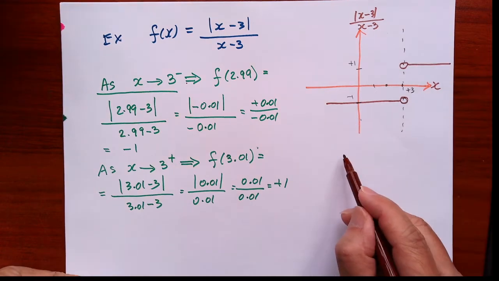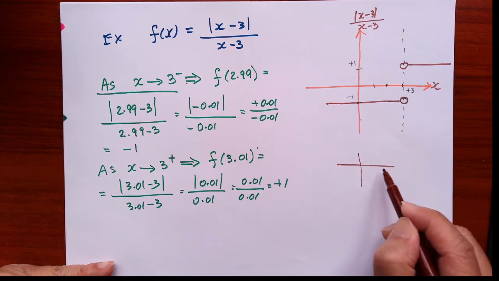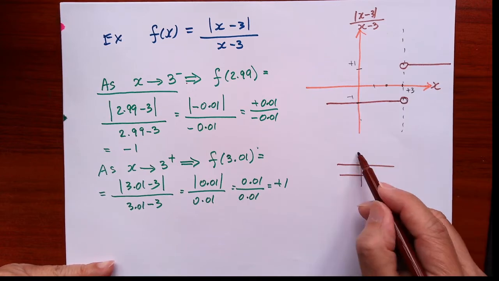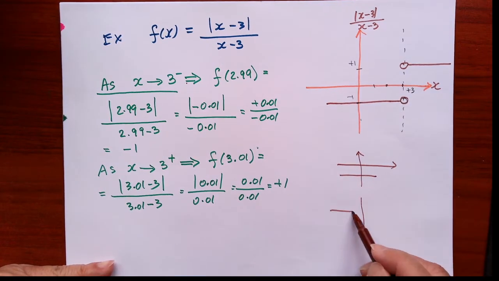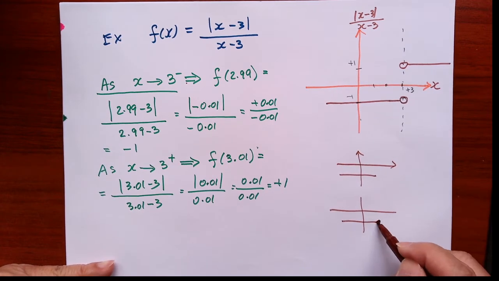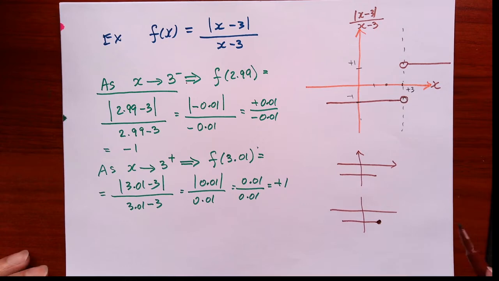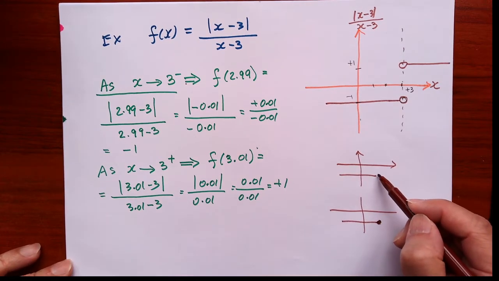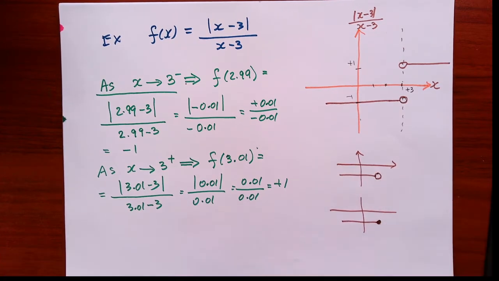If it touches, we can either draw it like this, or we can draw it with a bold dot. If it doesn't touch, we draw it with an empty dot as above. This is how the second function looks.